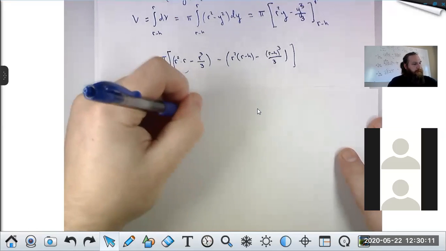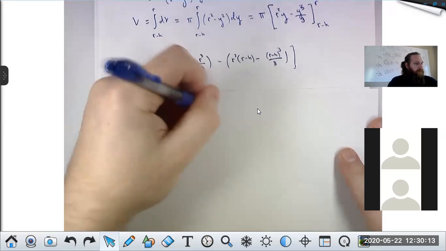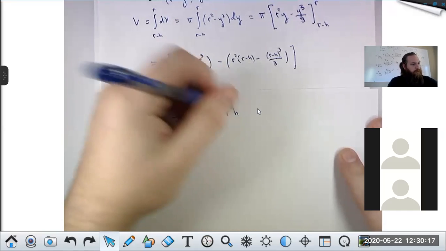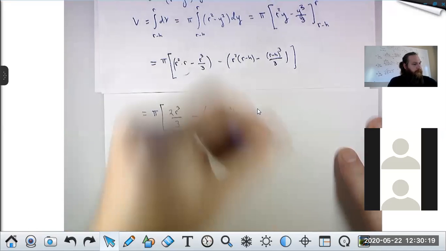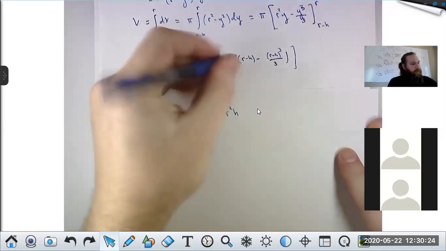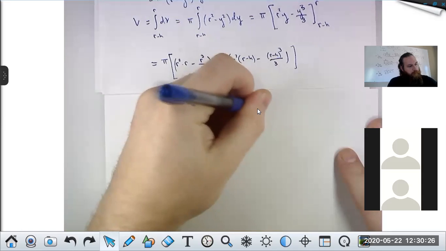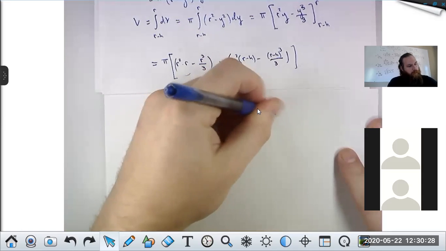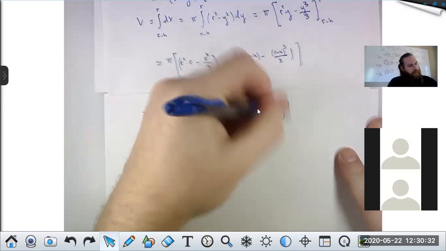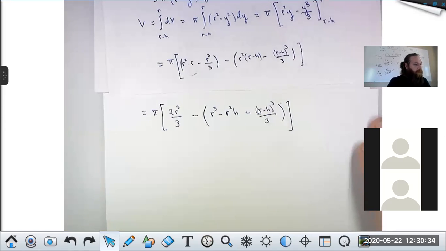And then in the second piece, I'll just clean up inside the parens. We have r cubed minus r squared h. And from that, we need to subtract (r minus h) cubed all over 3. I might leave the (r minus h) cubed alone instead of trying to multiply all of that out. We'll see what we get when we put everything together.